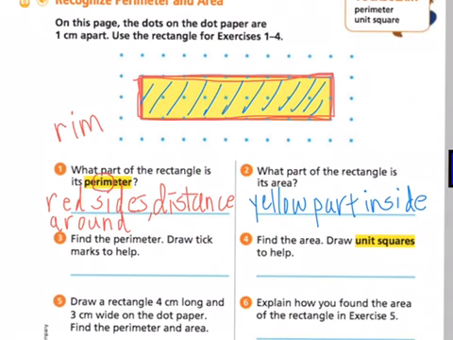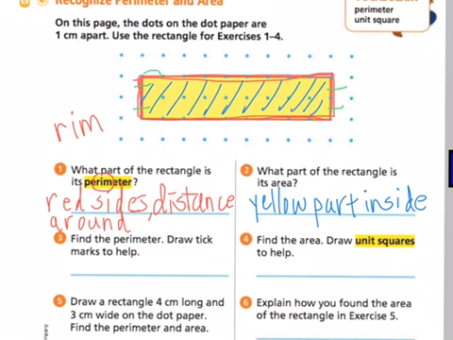So tick marks are like this. If we were going to draw tick marks, we would do 1, 2. Notice how I did that in green. So that's 2 tick marks on this side. If it's 2 tick marks there, it's also 1, 2 tick marks there. And then let's use our green to do tick marks here.